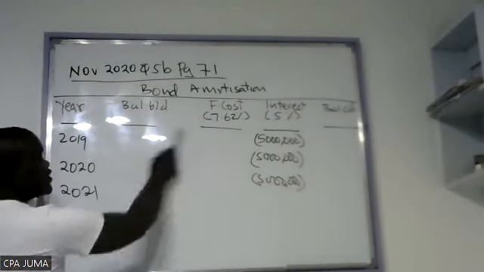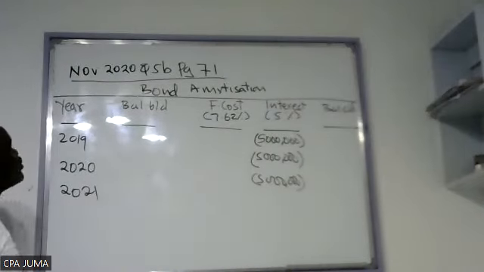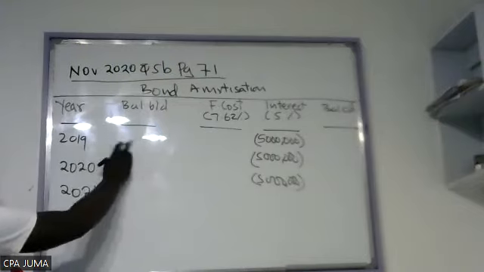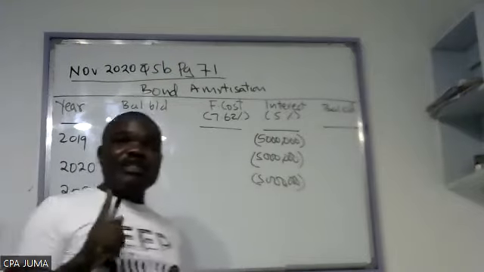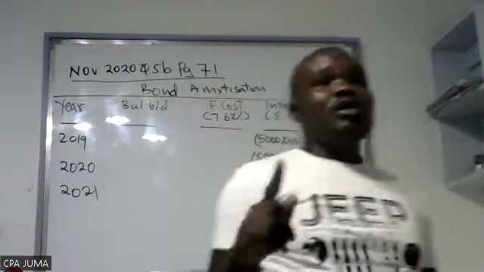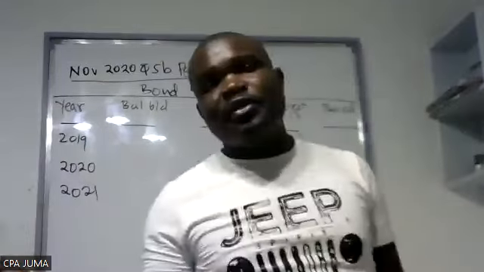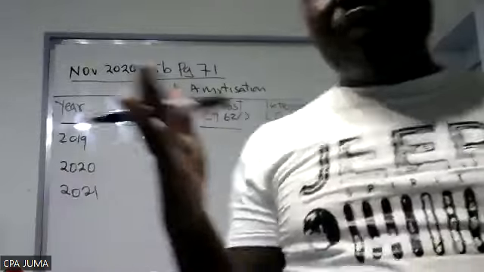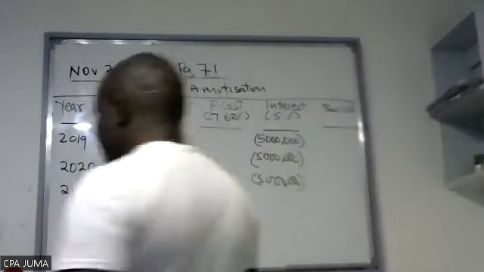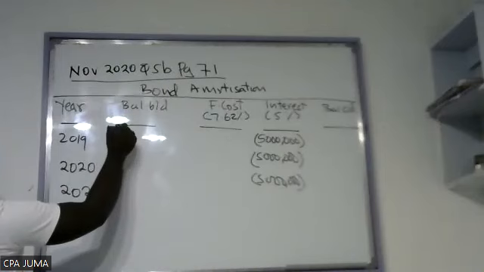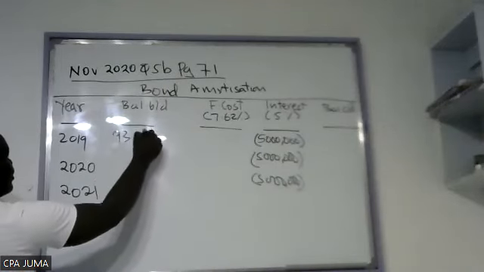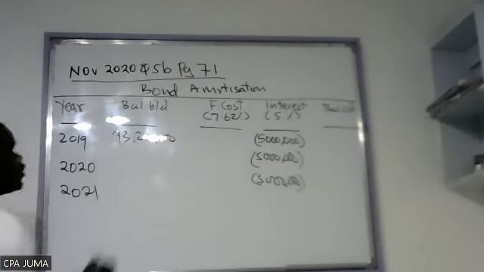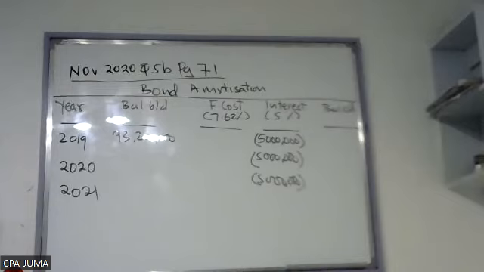Finance cost will be based on the amortized cost. So balance brought down. We don't amortize the 100 million. They issued at 95. Then the brokers' fee, that one we have subtracted. So the value will be 93,200. That is what we subject to amortization.